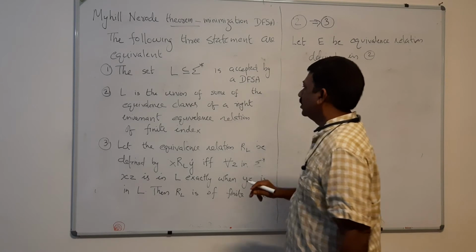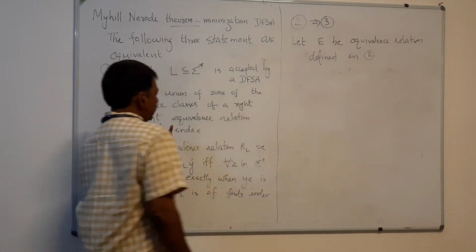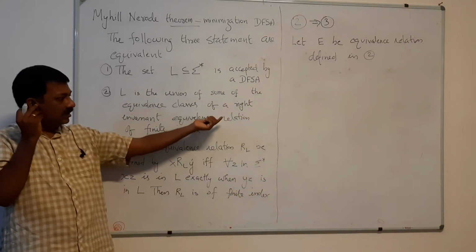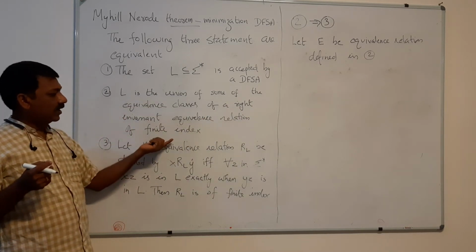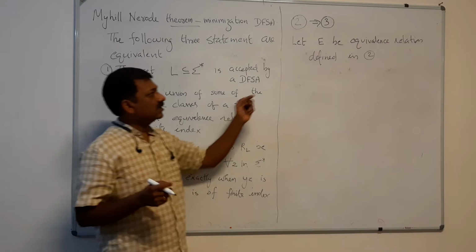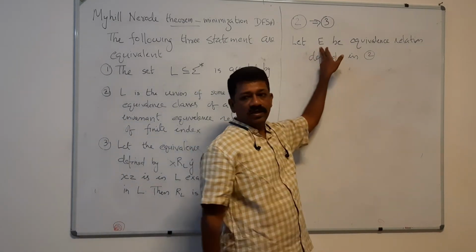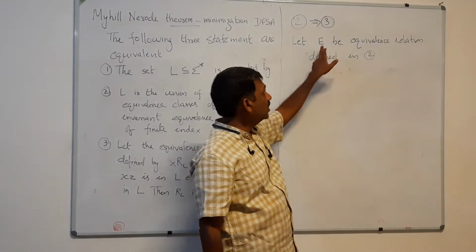That means here we have defined a right invariant equivalence relation, and that is having finite index, and that is represented by E. This is the equivalence relation defined in 2.